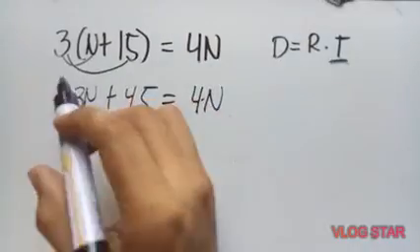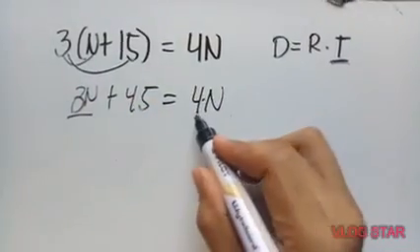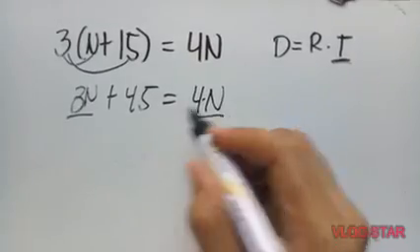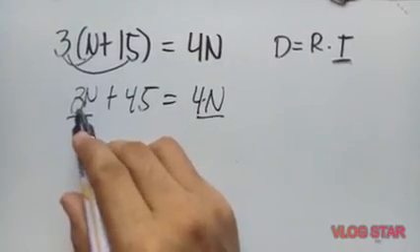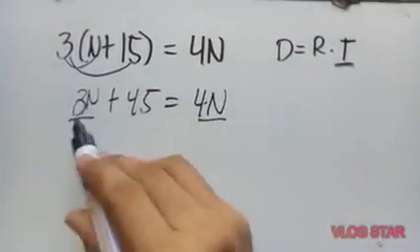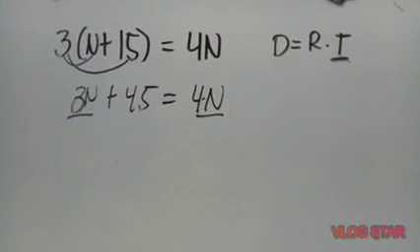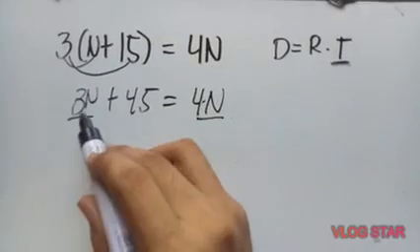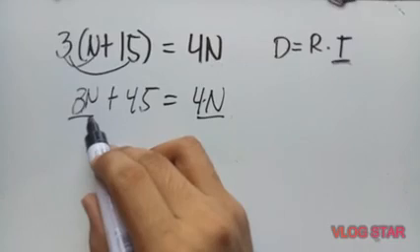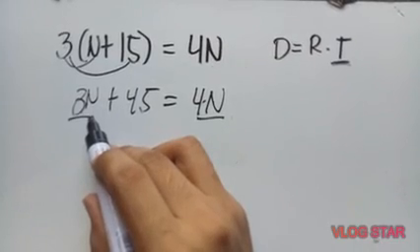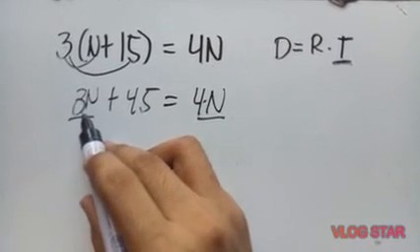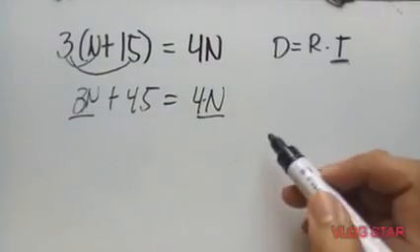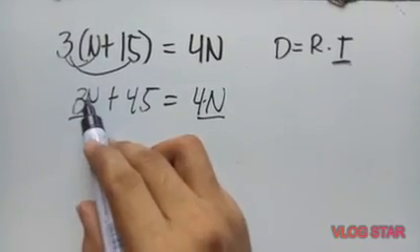So we have like terms 3n and 4n. How can we transpose 3n to 4n? Since this is in addition, we should subtract both sides by 3n to cancel 3n on the left side.